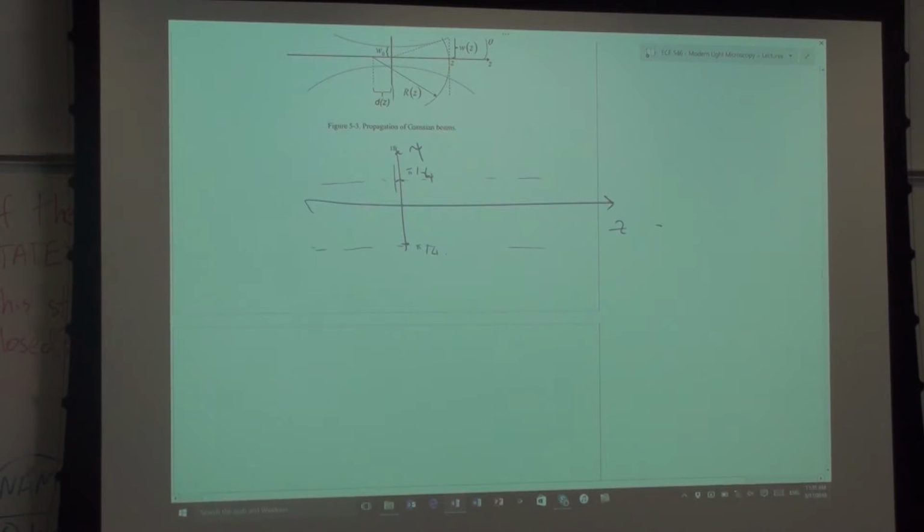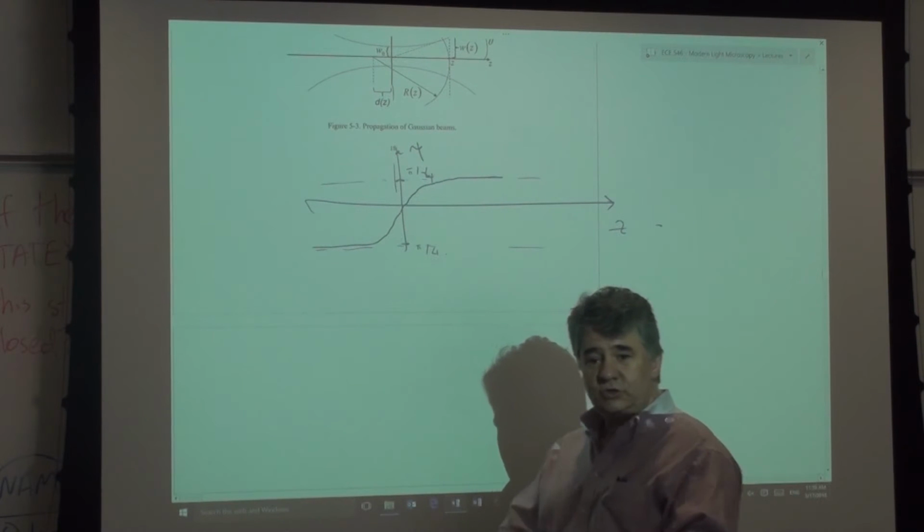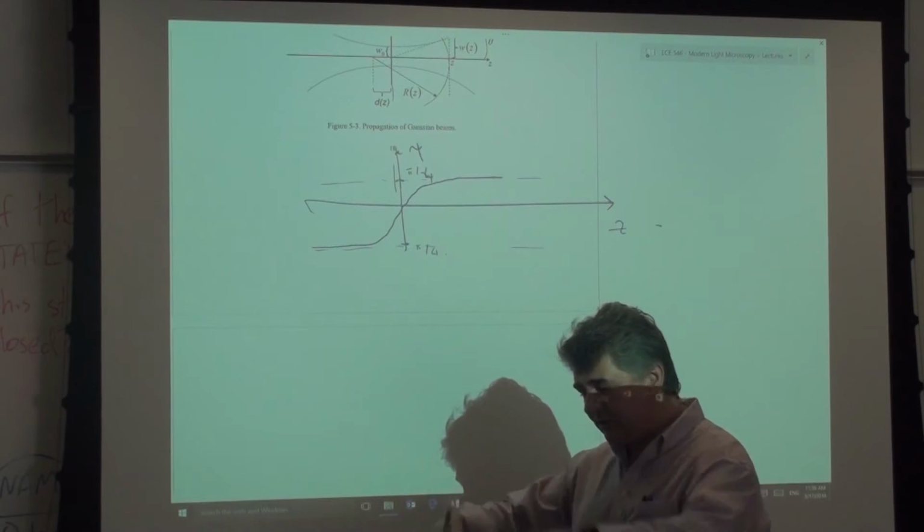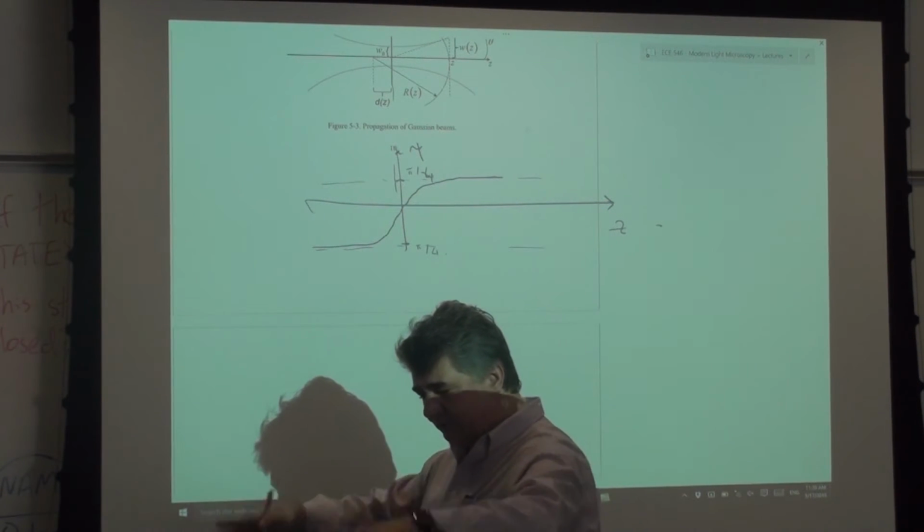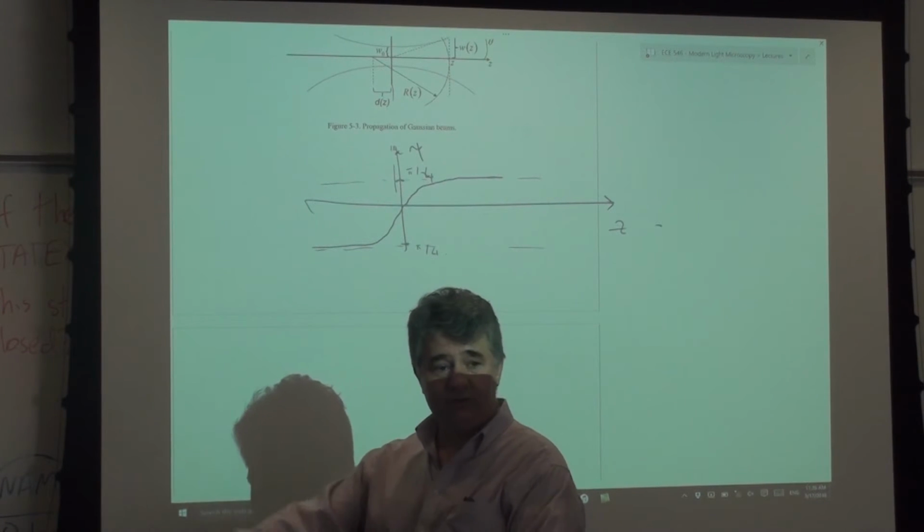As I go in from minus infinity, my Gouy phase does this. So I have a phase that looks Gaussian, and the width of the Gaussian goes down as I propagate in z.